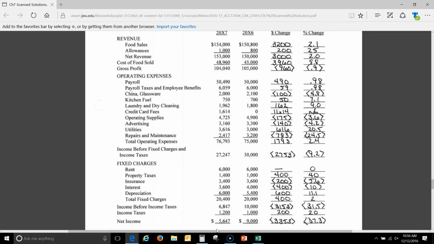So in this particular example, the column on the left is the current year, and the column on the right is last year. But again, be careful with that, because depending on which example you're looking at in the book, sometimes they flip them and they put last year's first and this year's second.